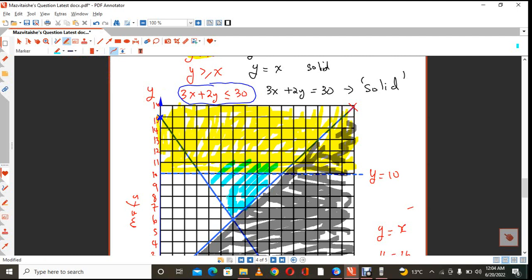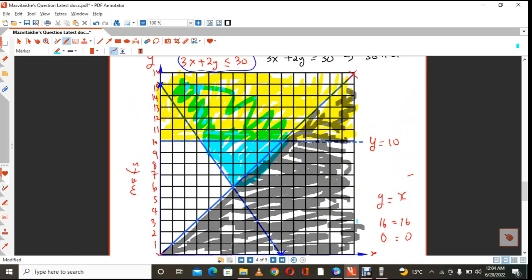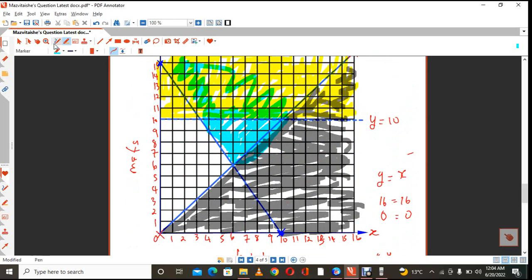This is the region that we are going to shade. The other one is already shaded, so nothing to be worried about. Okay, so there we go. Sometimes in examinations they might ask you to write an R in the region that is required, but in this particular case, that is not the case.